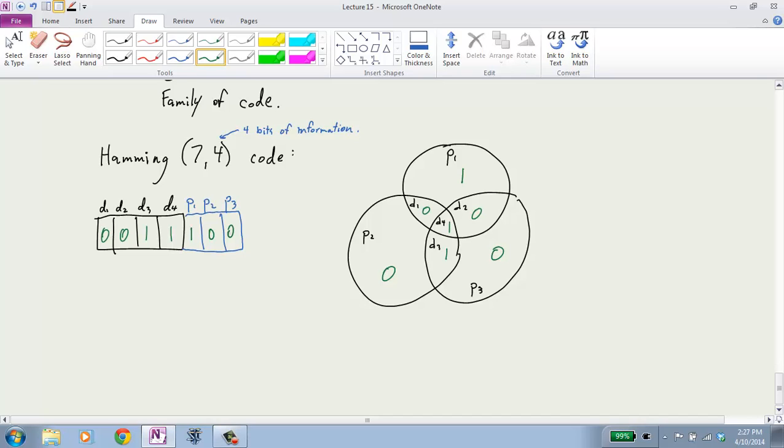In this case, if there was an error, say here at D2, and that became a 1, the question is, knowing there's no more than 1 error, could I look at this and tell where the error is? I can, and we'll demonstrate it by doing the following. If I could get you to leave the room.